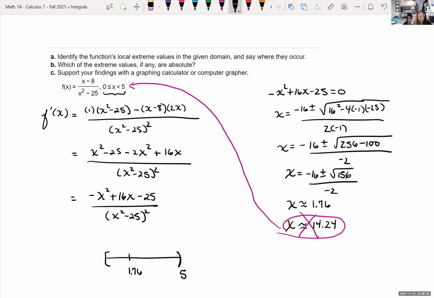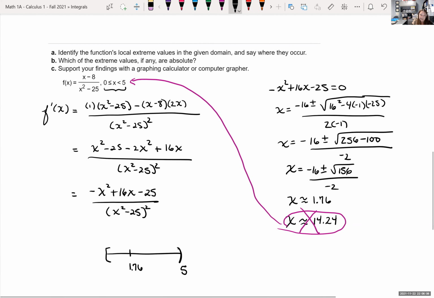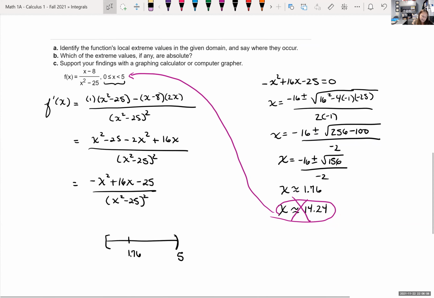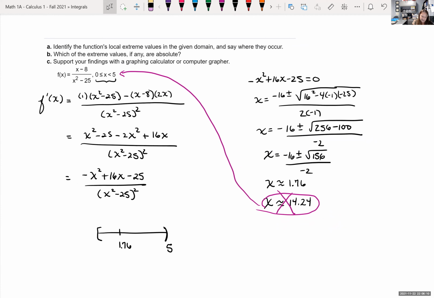So we want to see, is 1.76 a max or a min? And we can see that by seeing where it's increasing and decreasing. So let's choose a number between 0 and 1.76 and plug it into the derivative. So let's say maybe x equals 1. Plugging 1 into the derivative, we're just worried, is this going to be a positive or a negative number?